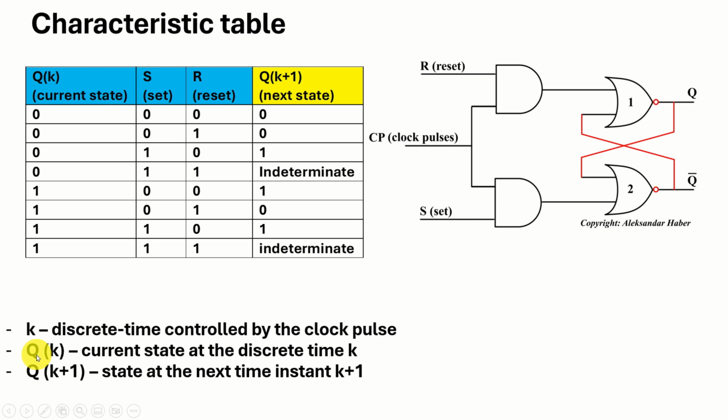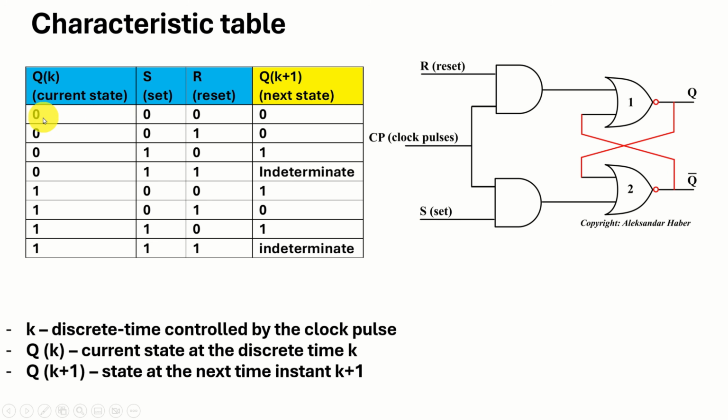Then, we denote the current state of our circuit by this notation, Q of K. Q of K is the state of the system at the discrete time instant K. Similarly, Q of K plus 1 is the state at the next time instant K plus 1. And the inputs will be used to transition from Q of K to Q of K plus 1. So let's start.